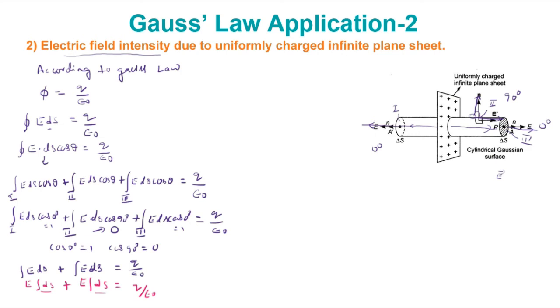Now I will write E·S plus E·S, which is exactly equal to Q by epsilon naught. Are you clear? Here ES and ES, so total 2ES is equal to Q by epsilon naught. Okay, let it be equation 1 now.